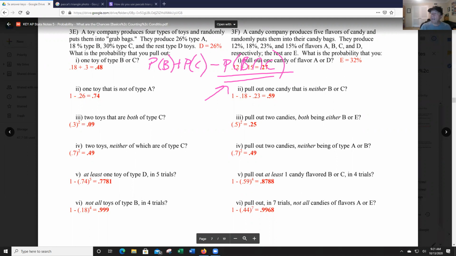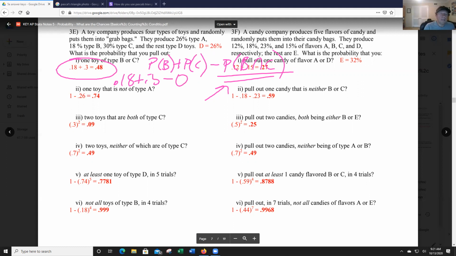You can't have that overlap. So these toys are mutually exclusive. So that's why it's just 0.18 plus 0.3. Technically, this answer is 0.18 plus 0.3 minus 0 because there is no intersection.